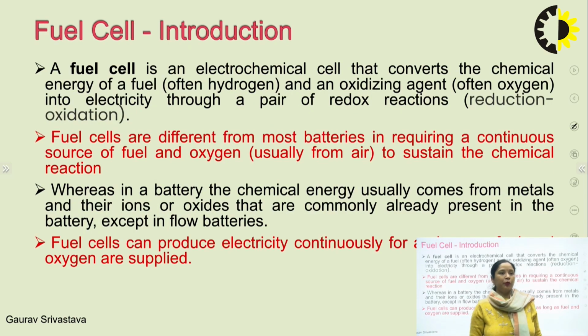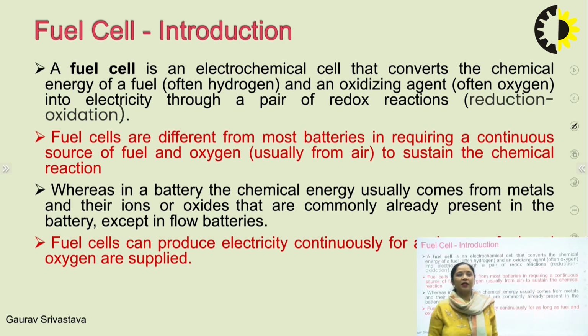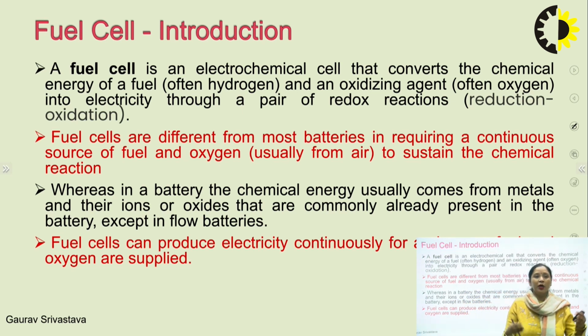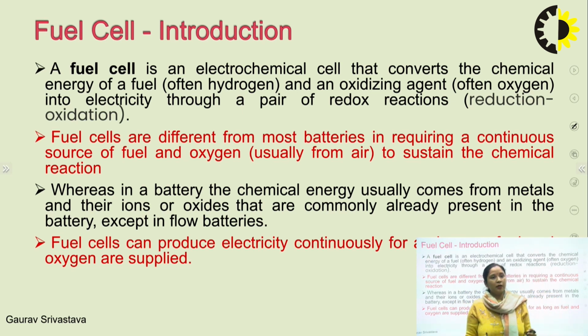Our next topic, which we are going into in depth, is the fuel cell. A fuel cell is an electrochemical cell that converts the chemical energy of a fuel, that is hydrogen, and an oxidizing agent, that is oxygen, into electricity through a pair of reduction and oxidation reactions. I was telling you the next era is about hydrogen cars. Right now India is a little bit behind, but a day will come, like electric cars, we will have a hydrogen car also.